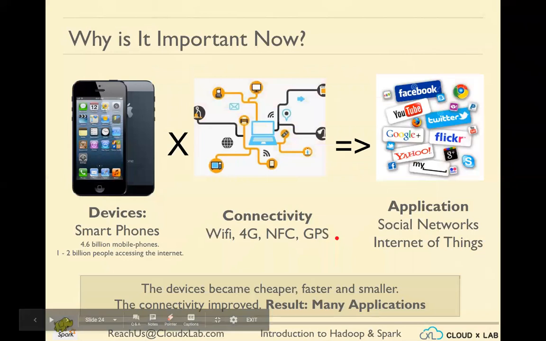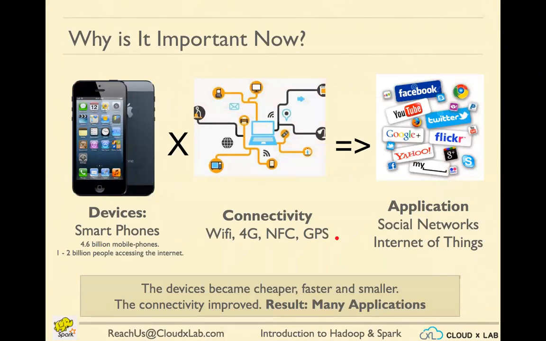So why are we talking about big data now? Why has the data increased tremendously? One of the reasons is smartphones. Today, the device that you have in your pocket is faster and more powerful than the supercomputers of 2002.